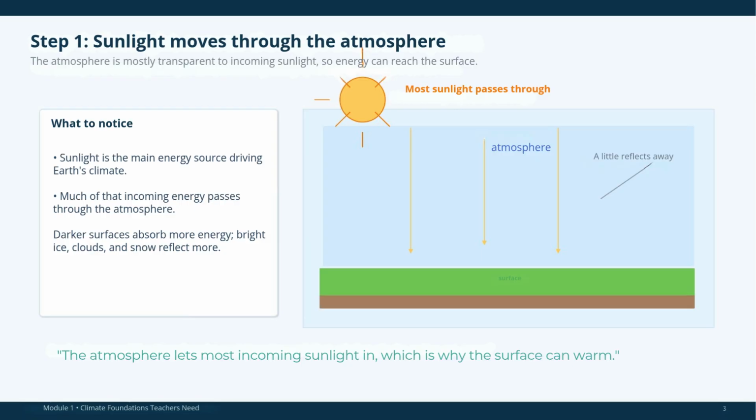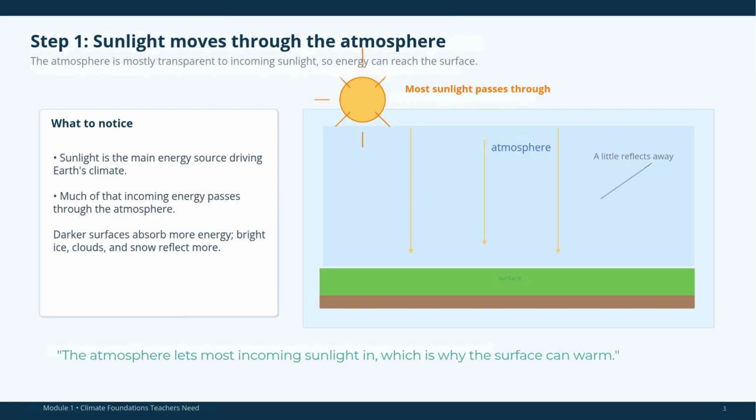Step one is sunlight moving through the Earth's atmosphere. The atmosphere lets most of this incoming sunlight pass through. That's why the surface of the Earth can warm in the first place. Now, not every surface responds in the same way.